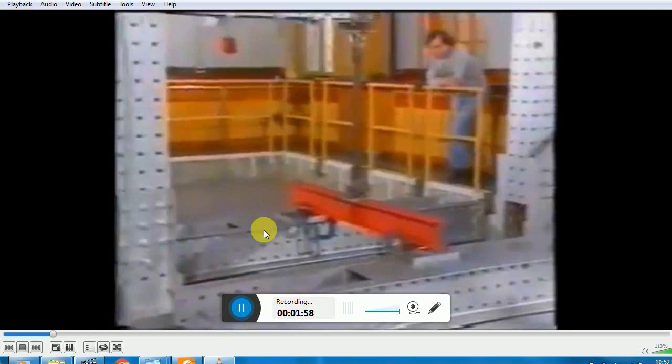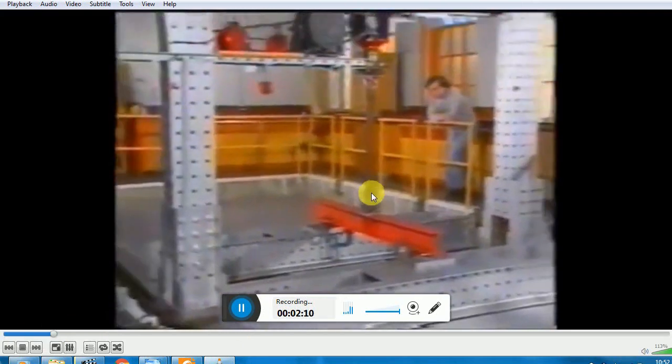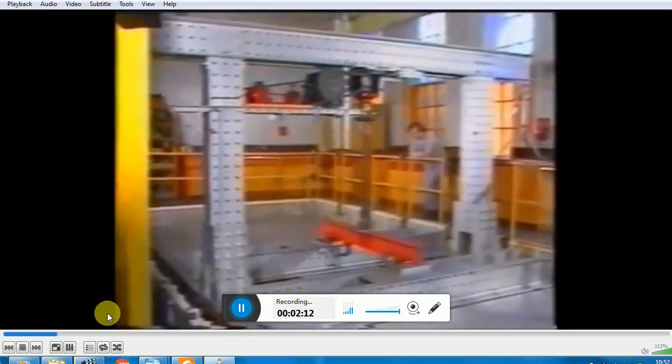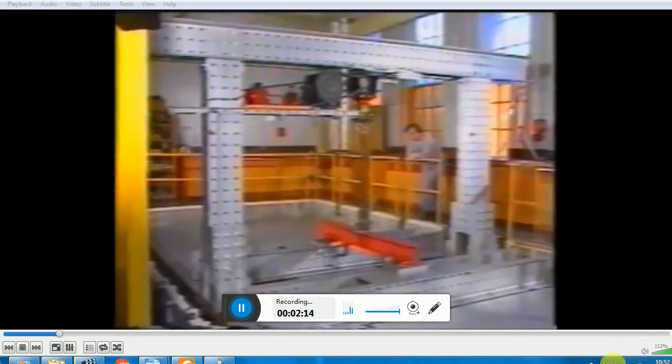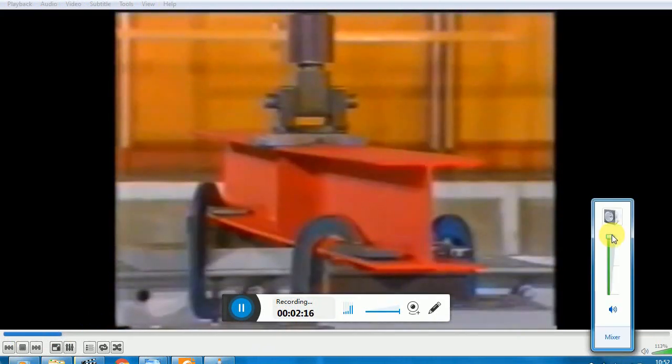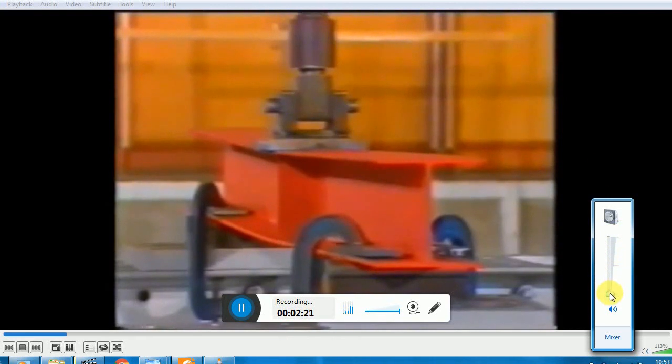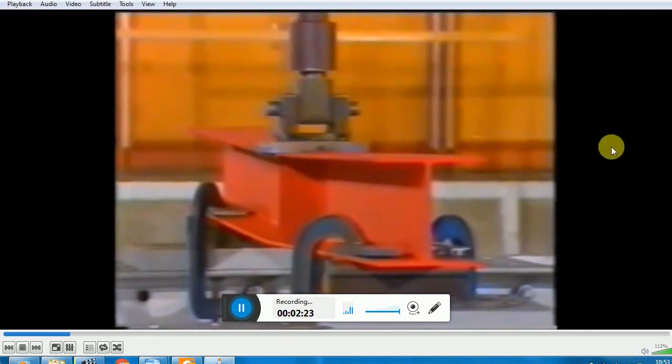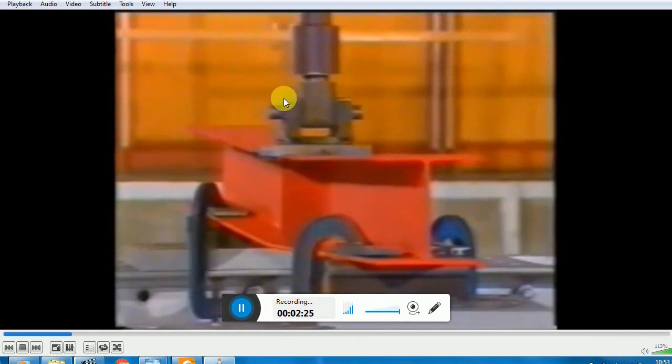You see here that a beam is subjected to load, and it is of intermediate length. Once the load is applied on it, let's see. You see the yielding of the girder.